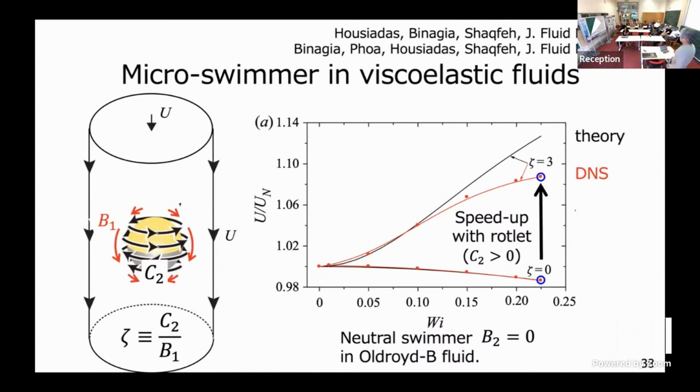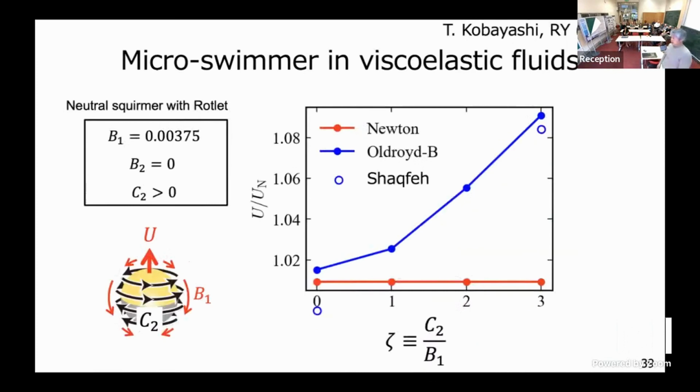I want to answer this. We do the same calculations using our method. Here the presentation is the speed up. For the Newtonian case, the speed up is 8% or something, a little, as a function of twisting intensity.